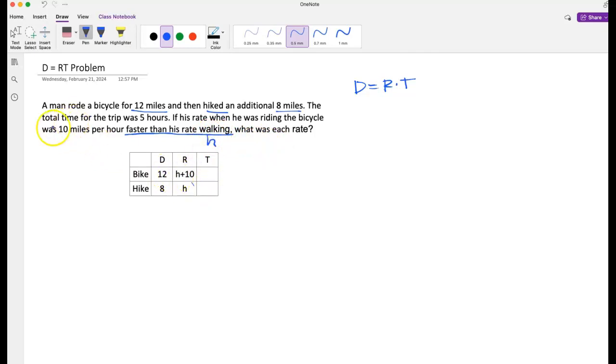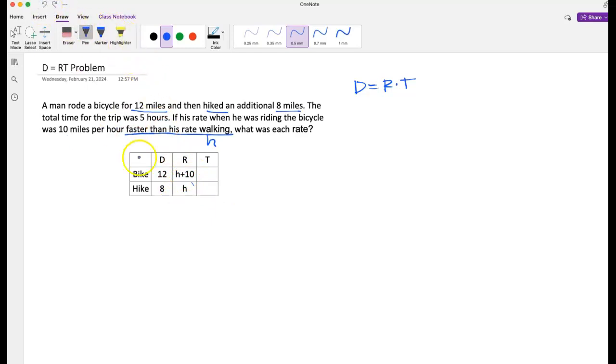And then it tells us that it's 10 miles an hour faster when he's biking. So I don't know how fast he's hiking, but I know that he's biking 10 miles an hour faster. So I've got to make sure that I'm putting those things in there.